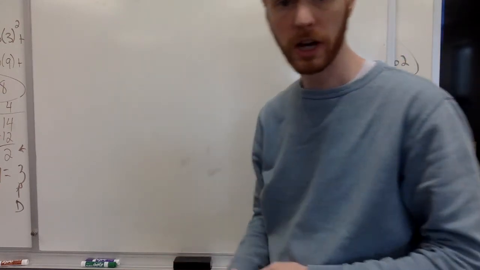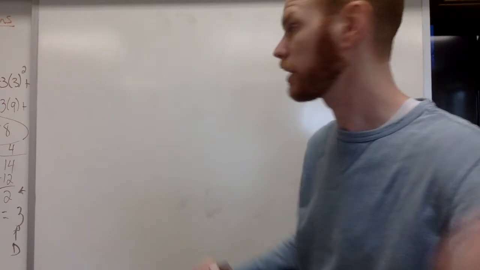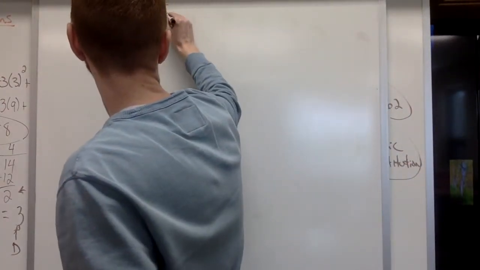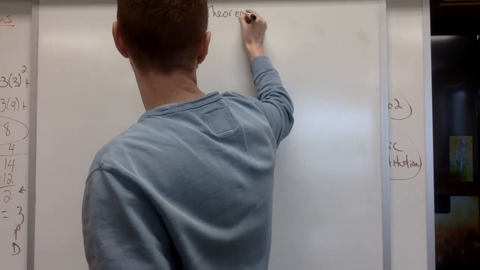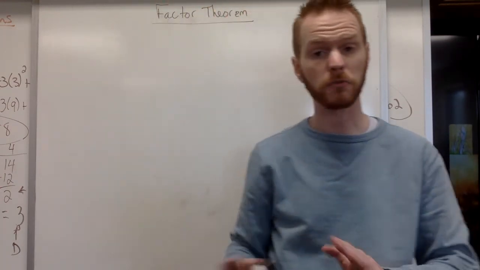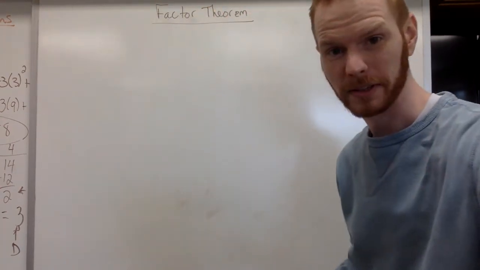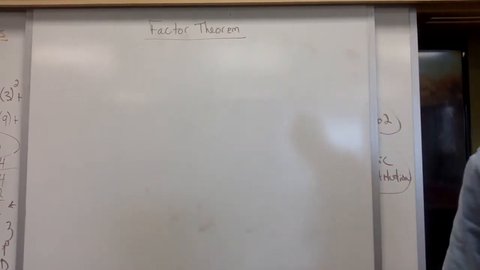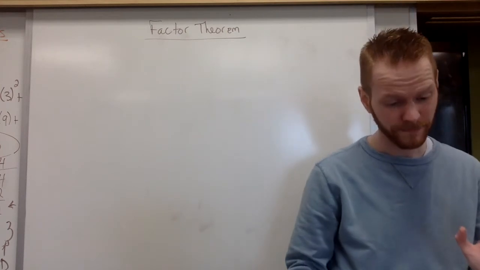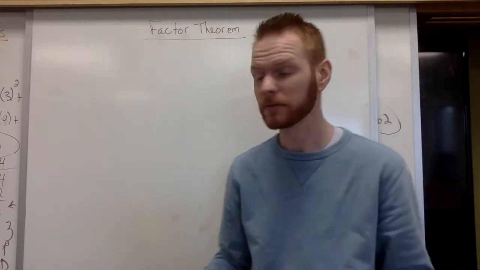So let's talk about the factor theorem. Okay, so these next examples deal with the factor theorem. Okay, and the factor theorem is very straightforward. I'm so sorry about the camera. I keep chopping it off here. Okay, the factor theorem states that if, let me write this down.